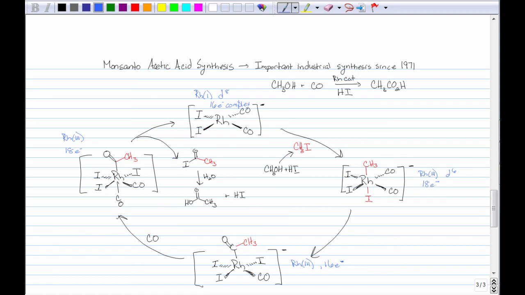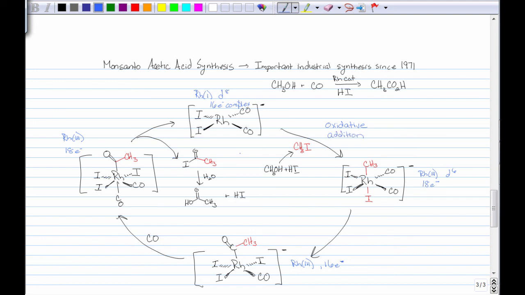The oxidation states of the metals tell me something about what's happening here. The first step in this reaction, you are going from a rhodium-1 to rhodium-3. So you're oxidizing the metal. And this step is oxidative. You're also adding something to the metal, and this step is called an oxidative addition.